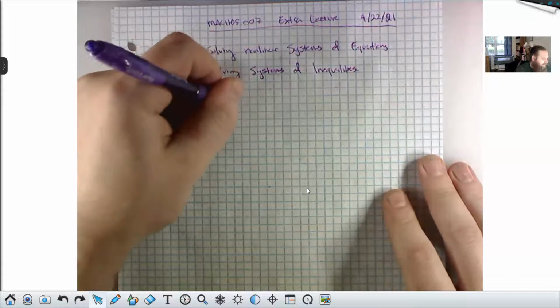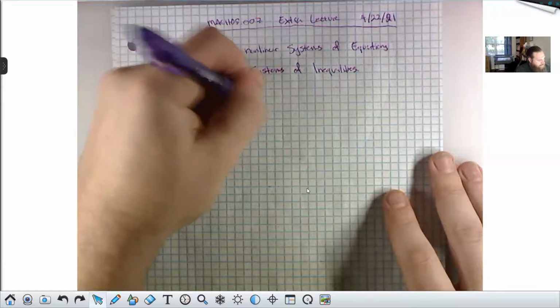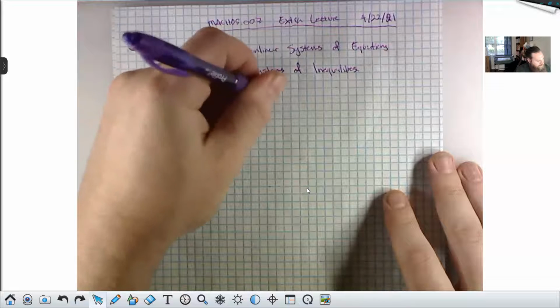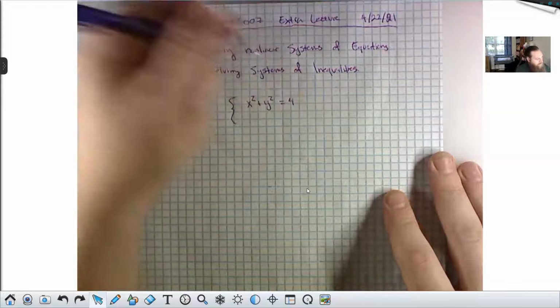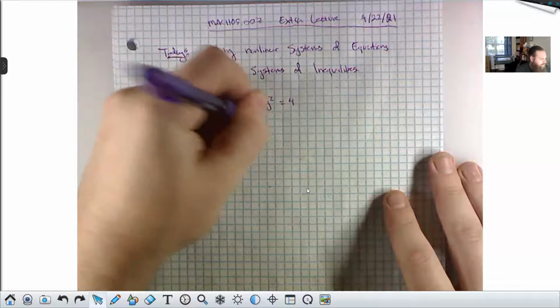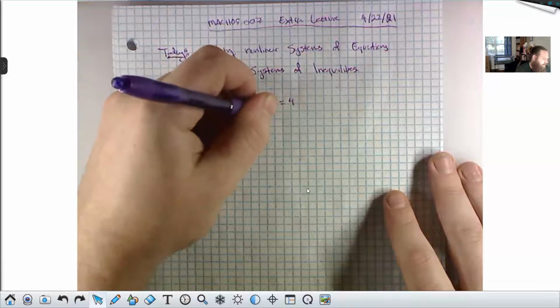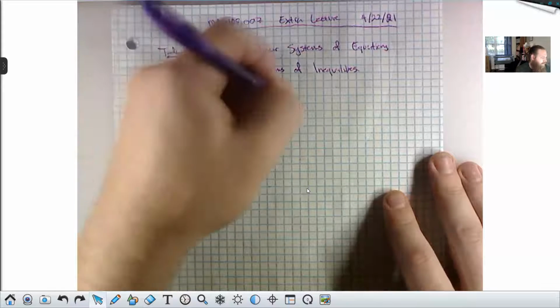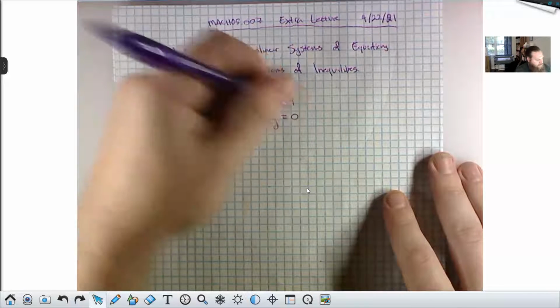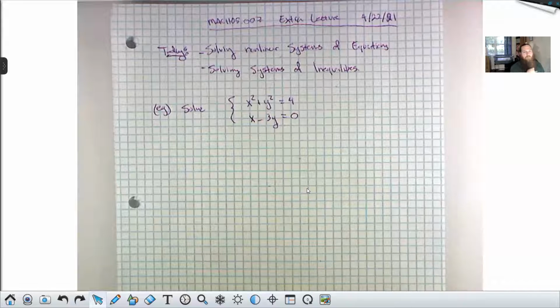We're going to solve the nonlinear system, x squared plus y squared equals 4, and x minus 3y equals 0. So this is indeed a system of equations, but it's not linear because the first equation is not linear.